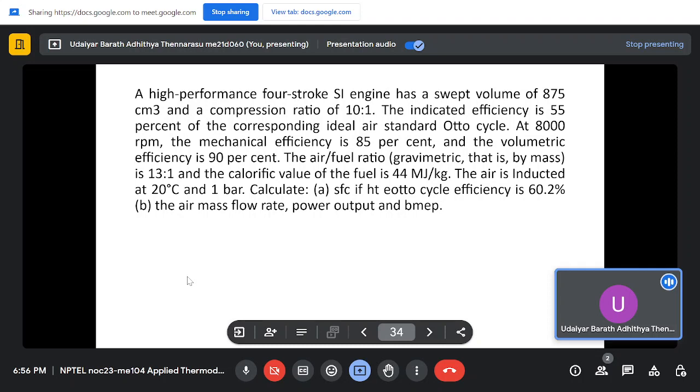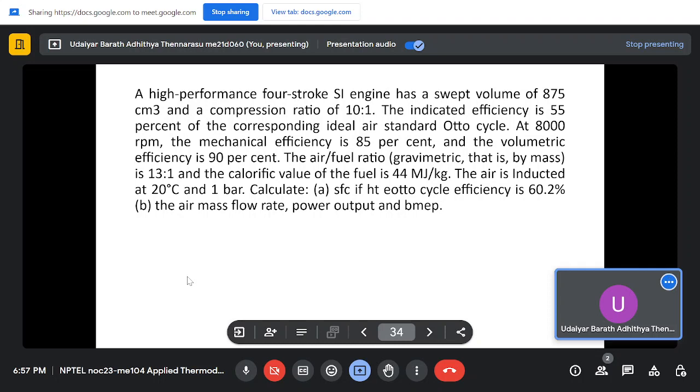They are given that indicated efficiency is 55% of the corresponding ideal air standard Otto cycle. So they say indicated efficiency is 55% of the Otto cycle efficiency. So that's one relation which we know.